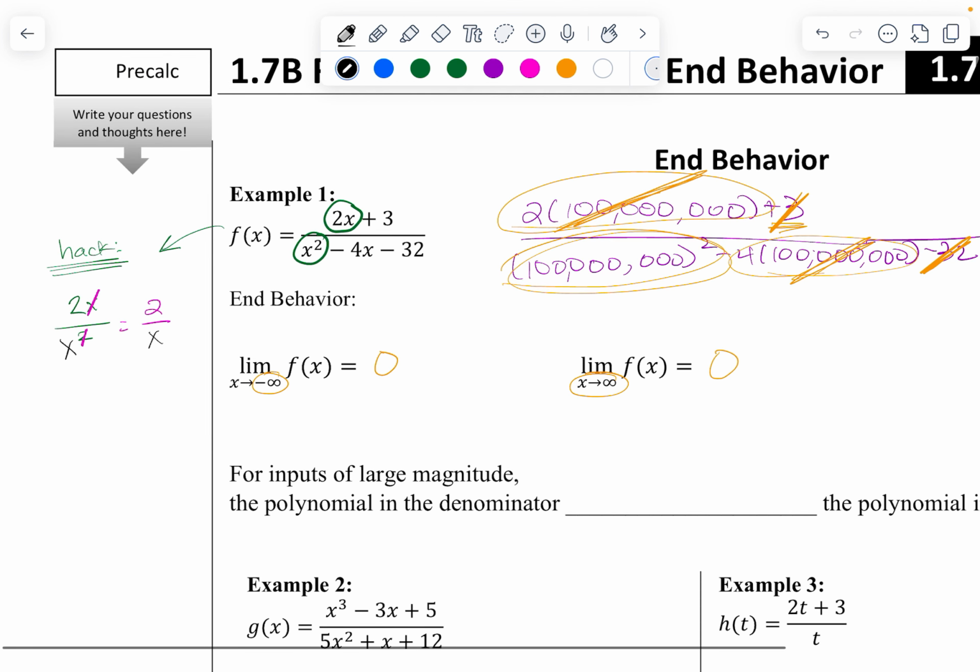So if I'm going to negative infinity, what's 2 over negative infinity?